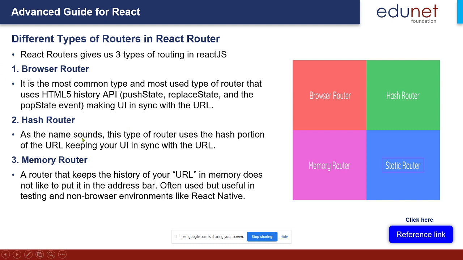Hash router means, as the name sounds, this type of router uses the hash portion of the URL, keeping your UI synchronous with the URL. And memory router, a router that keeps the history of your URL in memory, does not put it in the address bar. So it is useful in testing and non-browser environments like React Native.